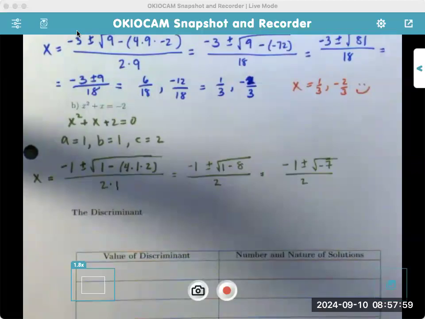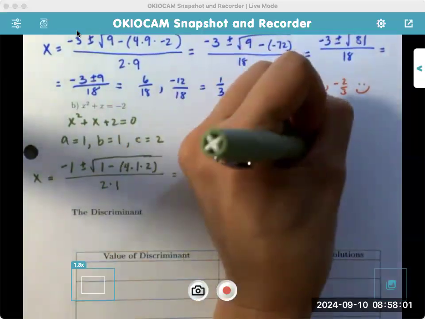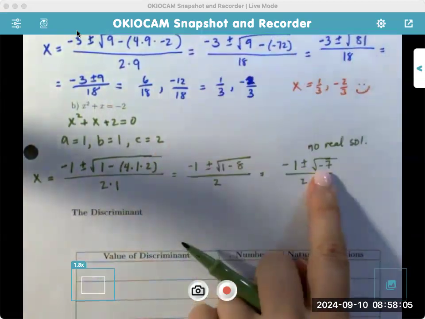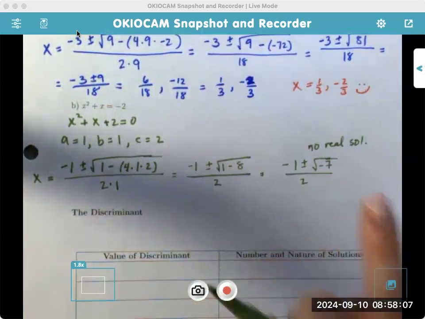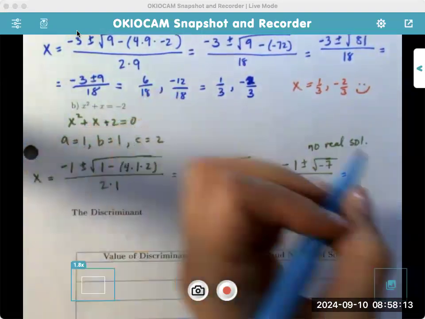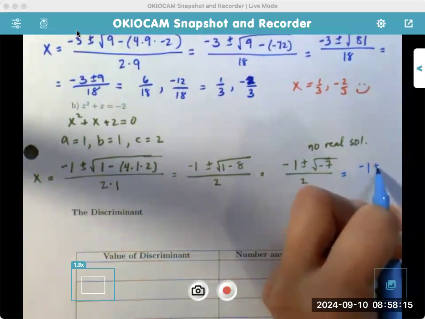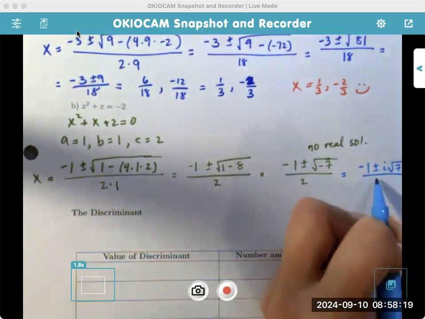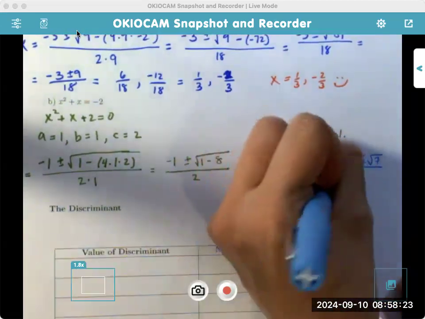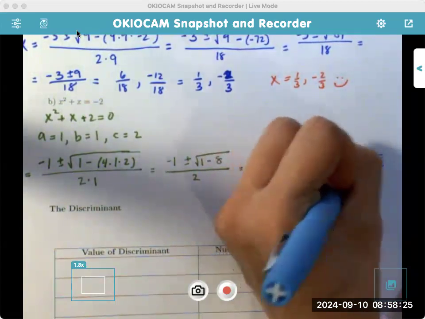So if we only want real solutions, there's no real solutions, because we have that negative under the root. However, we can get imaginary solutions. If we want imaginary, that would be -1 plus or minus i root 7 all over 2. So here we have two imaginary solutions.